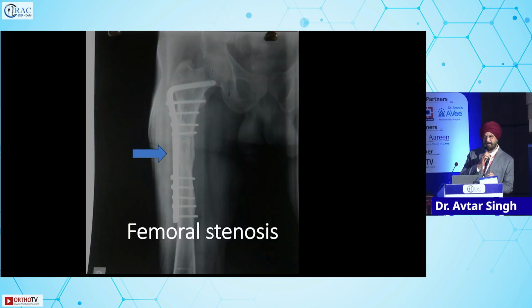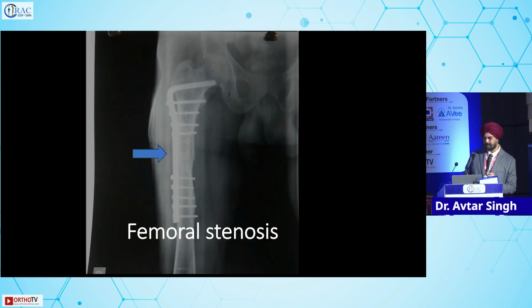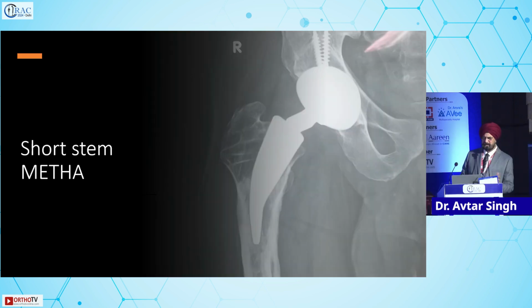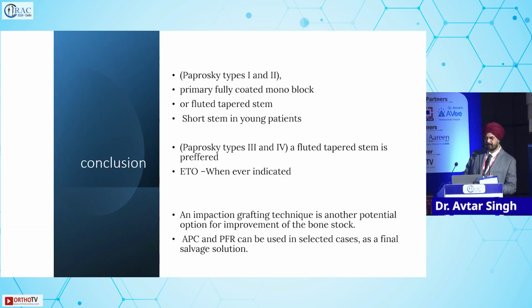The patients which Paprosky doesn't cover, just 3 more slides, the femoral stenosis. And short stems are the best options for these patients. You don't need to go across that femoral stenosis. There is no way you can go across that. So this is one of the very good options. Then deformed femora, again, is a good option for short stems.